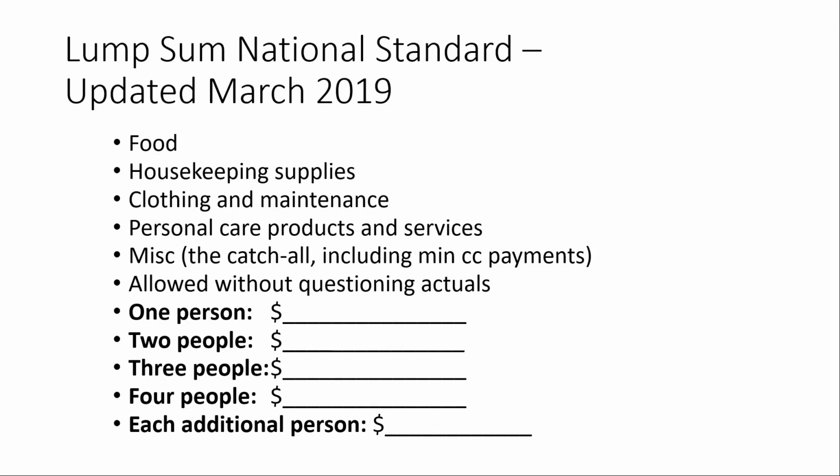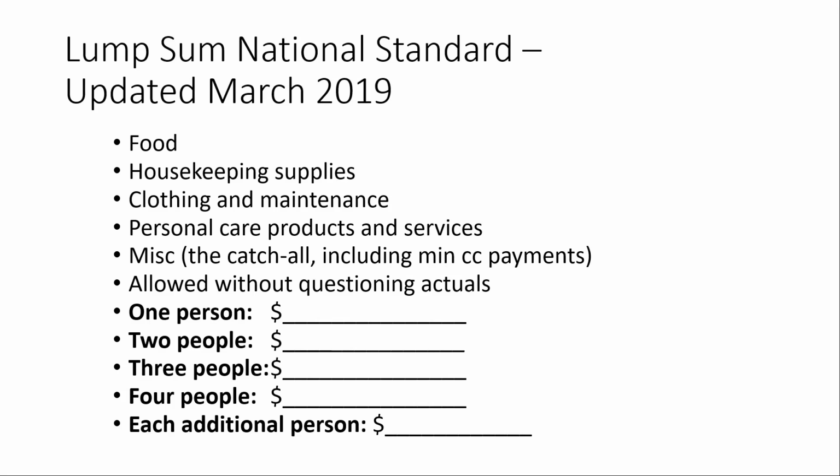But then it's also the catch-all, where other expenses that are not generally allowed are theoretically supposed to be lumped together. So this expense item includes food, clothing, housekeeping supplies, stuff like soap, shampoo, deodorant, all that fun stuff.